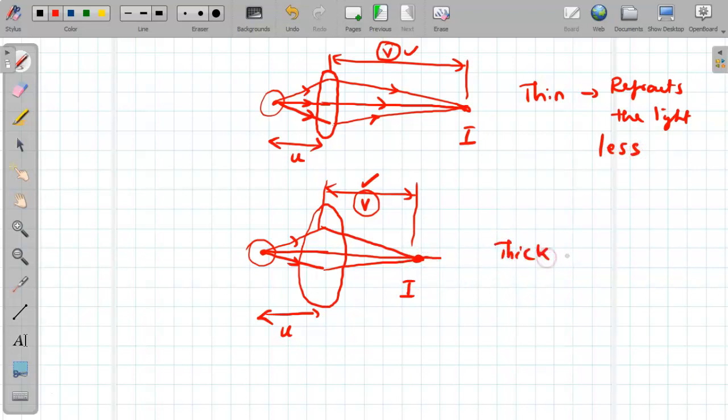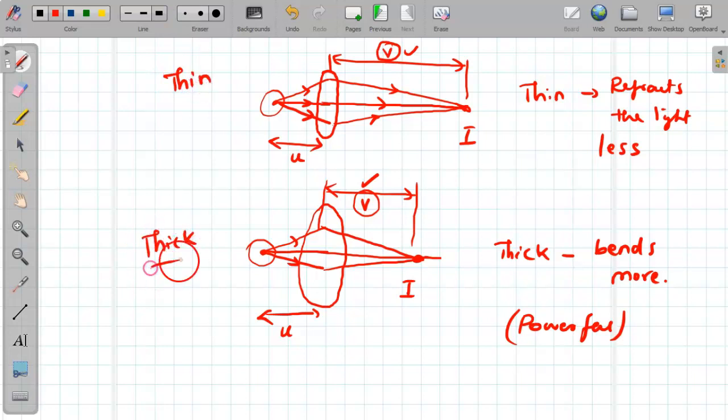The thick lens bends the light, refracts the light more, because it has more power. It is more powerful than the thin lens. So here is the thin lens and here is the thick lens. So this point is important.